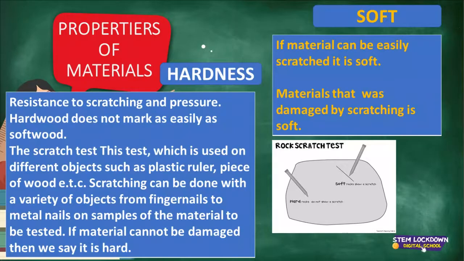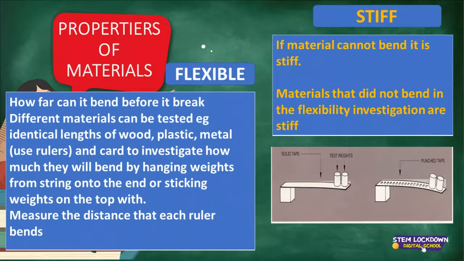Now the next one is flexible and stiff. Materials can be flexible or stiff. In this property, you check how far it can bend before it breaks. If you bend something, you see if it breaks.